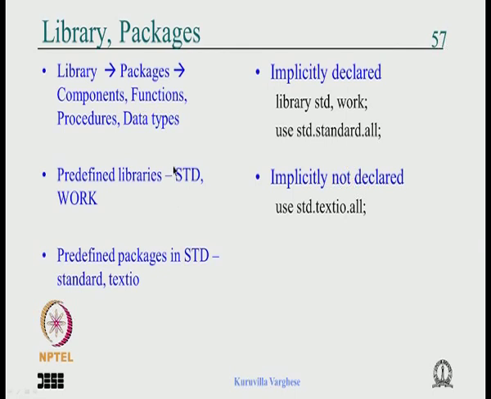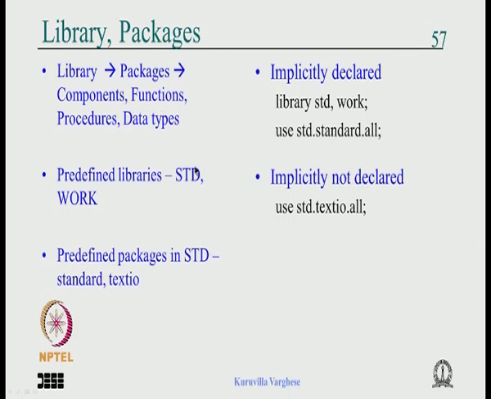All that is in a package called standard, and that standard package is in the standard library. The work library is where, when you work on a design, you have written some entity and architecture and you are trying to synthesize or simulate it, that entity and architecture is compiled into this particular library.